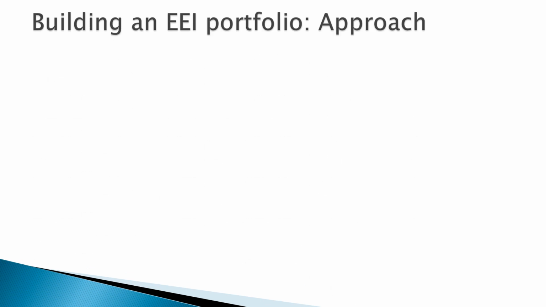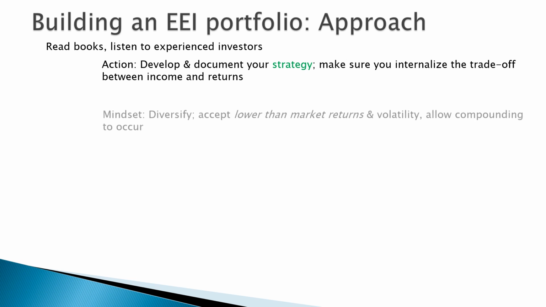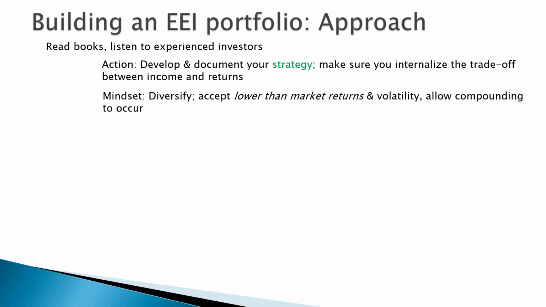Here is how I would go about building an enhanced equity income portfolio, the kinds of things I would look at and consider, an approach, if you will. One is, before you start spending money willy-nilly, read books, listen to experienced investors, including presentations like this one.